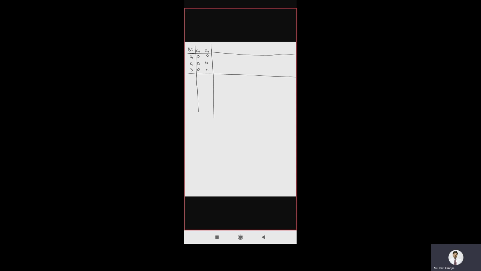2, 10, and 12. Then we have x1, we have x2, s1, we have s2, s3. Then we have a column for xb by xj minimum.